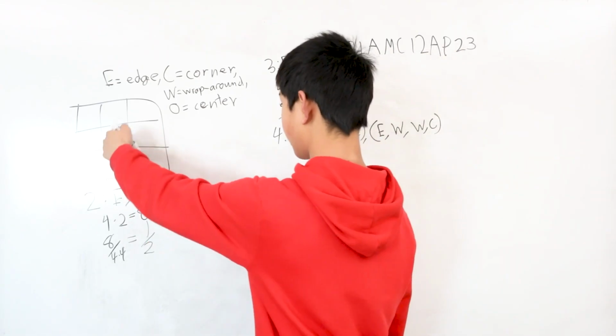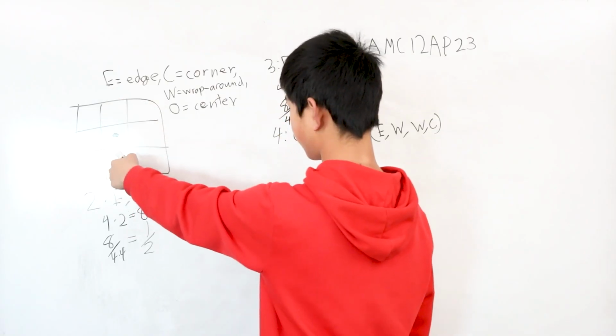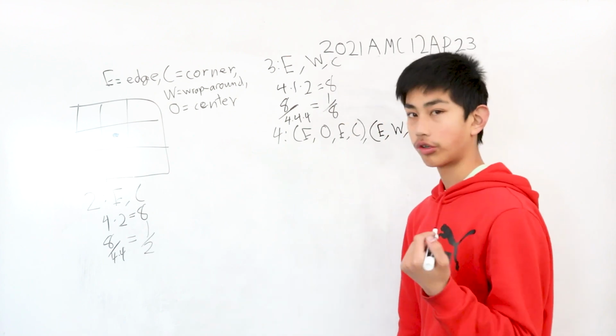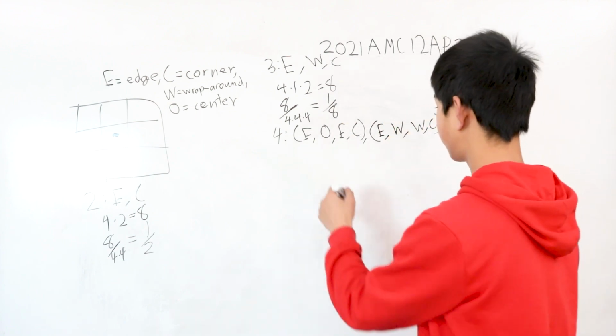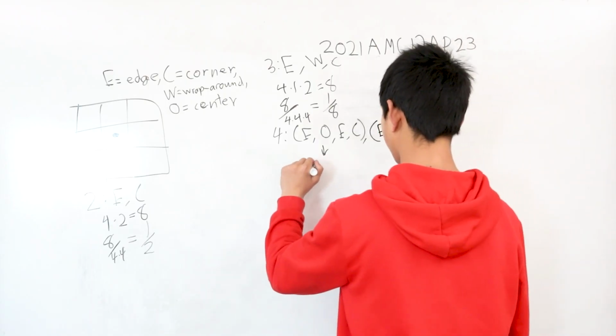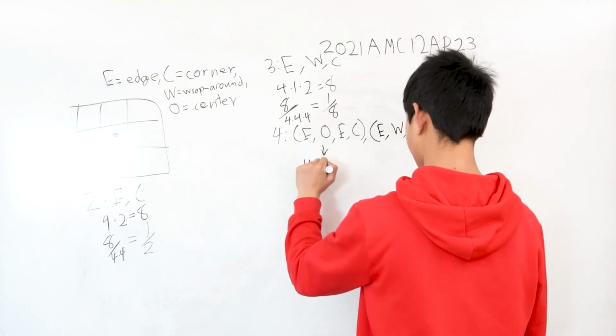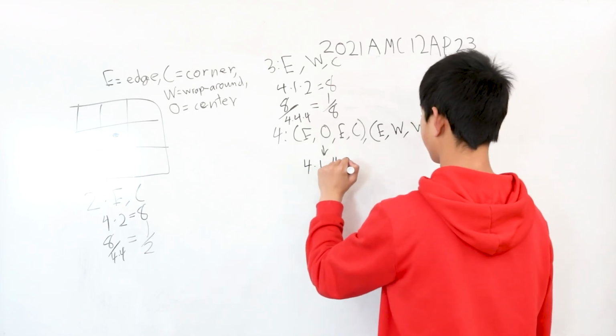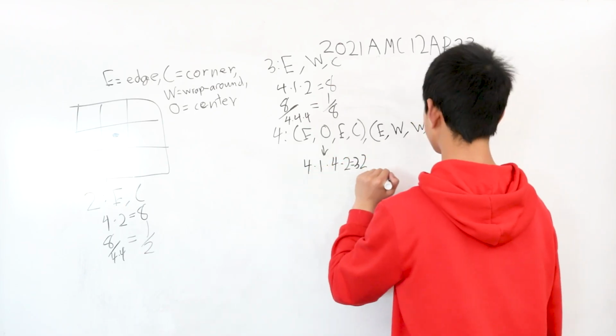So if you start here, edge, you wrap around to this one, wrap around again, and then you have those two corner squares available. For the first case, this is 4 edges times 1 center times 4 edges again times 2 corners, which is 32.